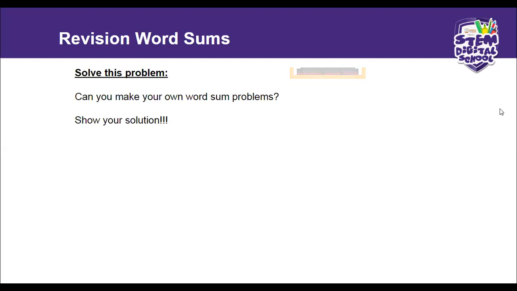So if you count in tens 5 times, let's count together. 10, 20, 30, 40, 50. That's correct. Then we have our 50 there on our side.